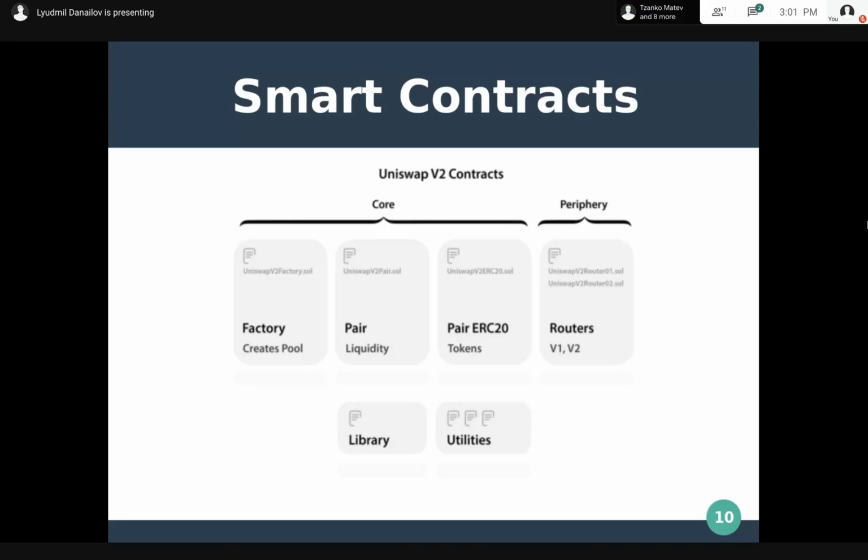In Uniswap V2, I think you can make a pair of two ERC20 tokens. So I didn't understand the general question. When you create a pair and put liquidity to the pair, you get a liquidity token. Yeah.